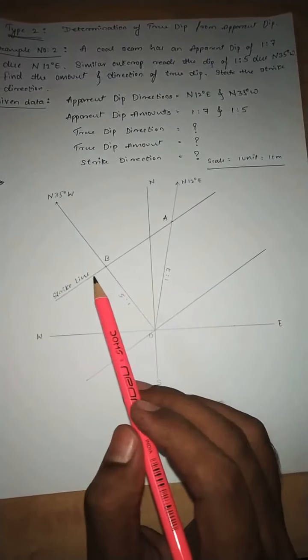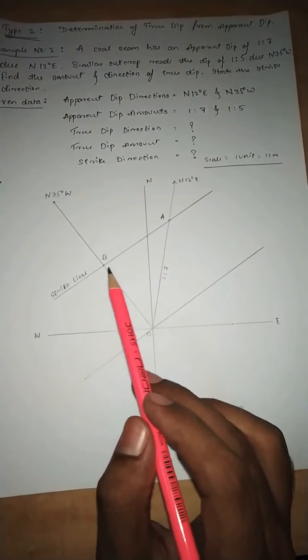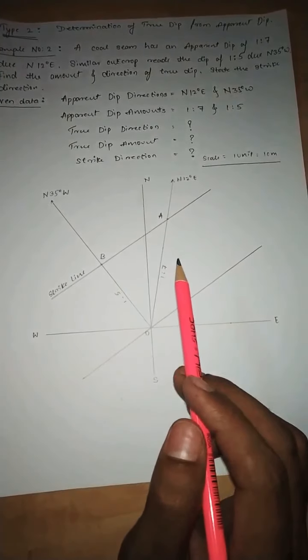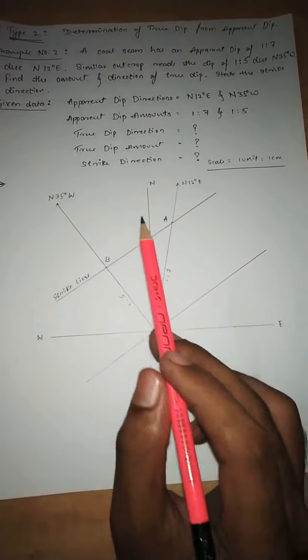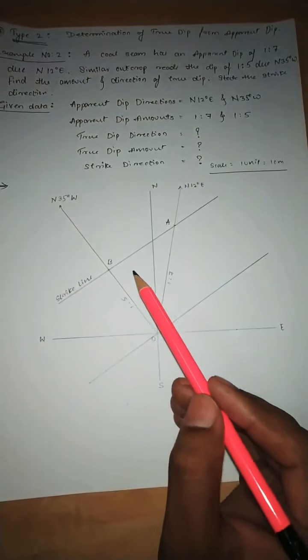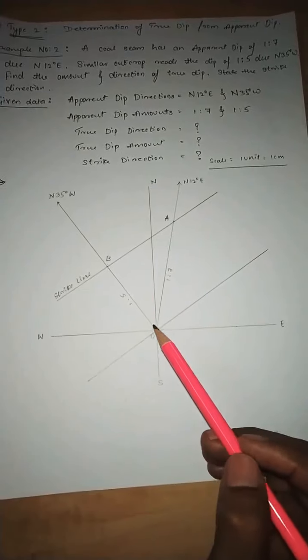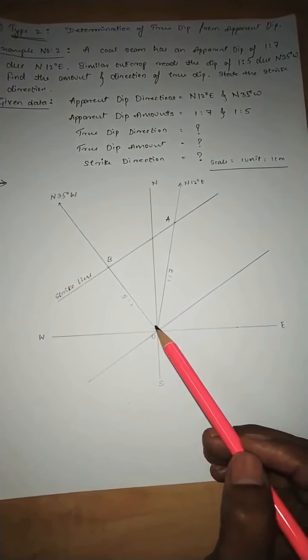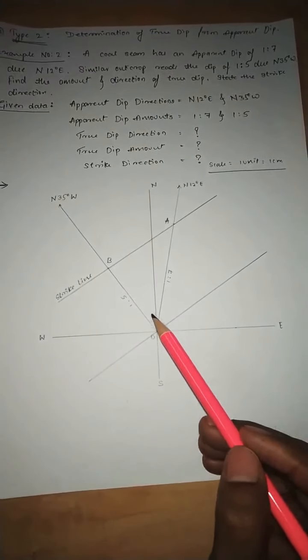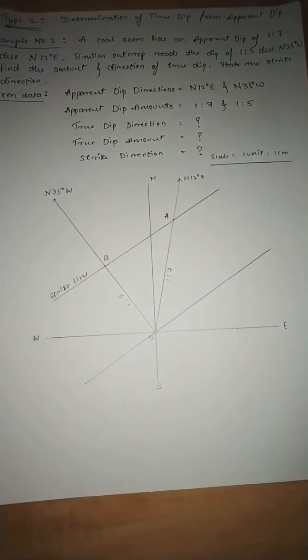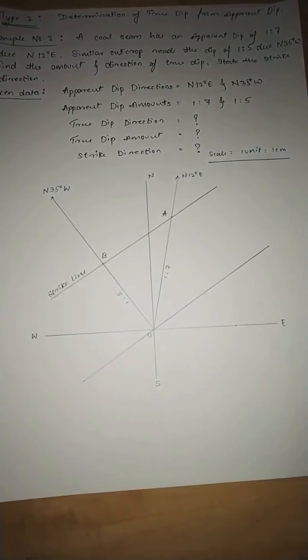Based on the relationship that the strike line and true dip are perpendicular to each other, we will draw a perpendicular line to this strike line at the point O. That will be the true dip amount and direction.